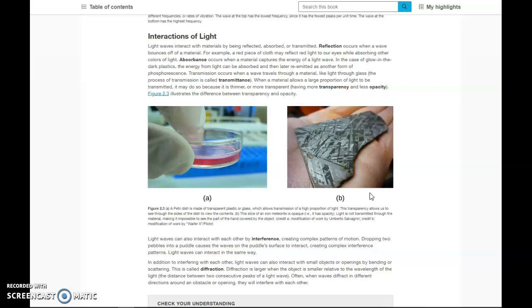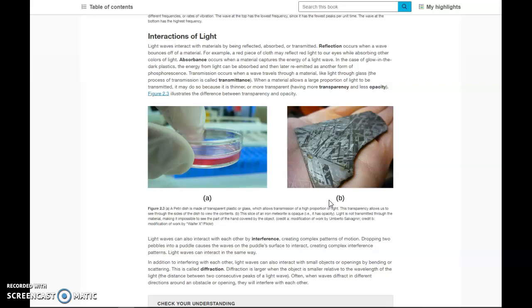Light waves can interfere with one another as well, and that's called interference. And then diffraction is when the light is bent. So all of these different interactions of light can wreak havoc, really, with what we're trying to do using a microscope.